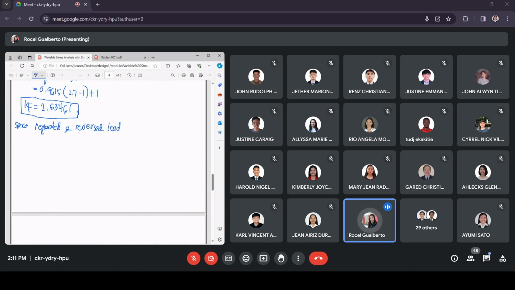But then this time, it's a combination, repeated and reverse. If it is a combination, then we say reverse will prevail. So you use only the properties of a reverse stress. If it is a combined loading, repeated and reverse, you use the reverse properties.